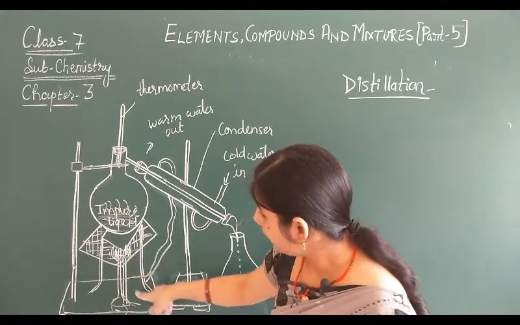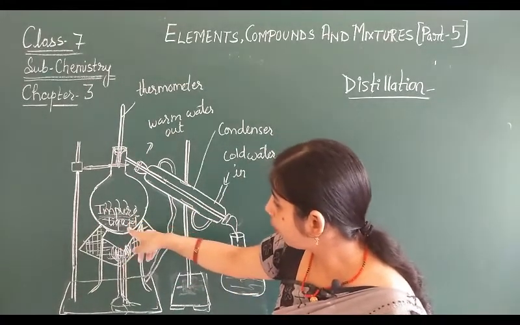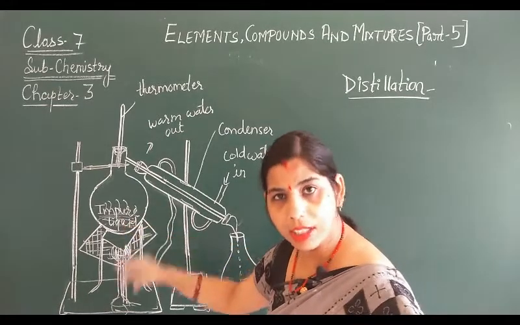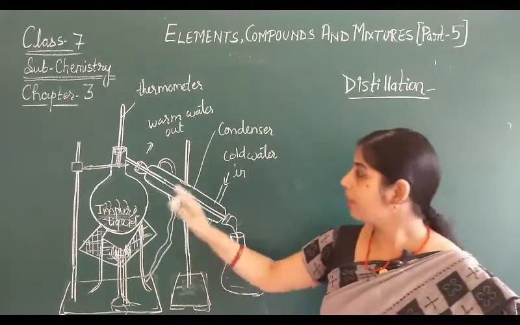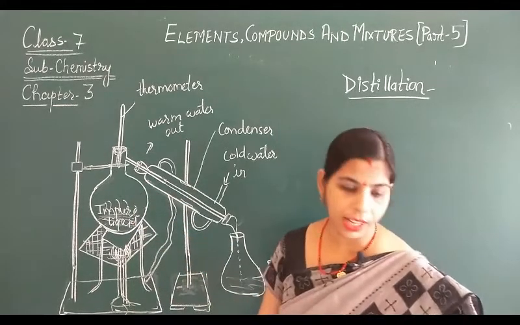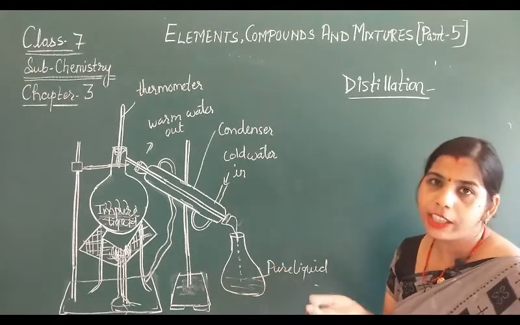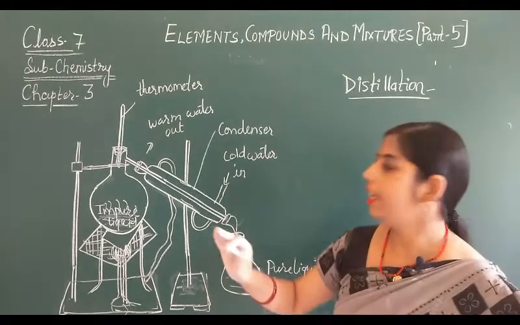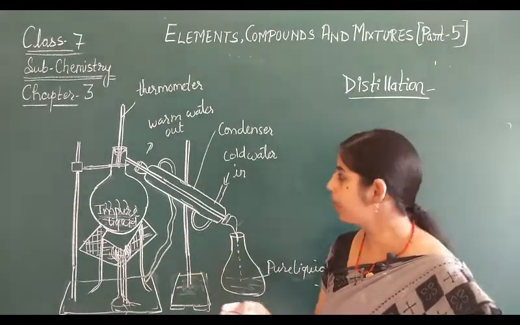Here is a Bunsen burner which is going to heat it, and inside this round bottom flask is the impure liquid. Why are we using this round bottom flask? It is also known as the distillation flask, because it provides equal heating and it also prevents breaking, meaning it doesn't break easily.